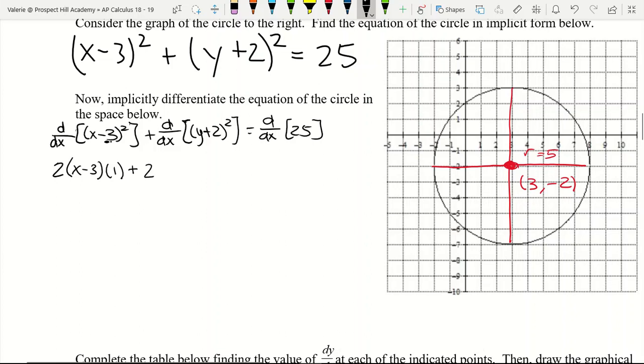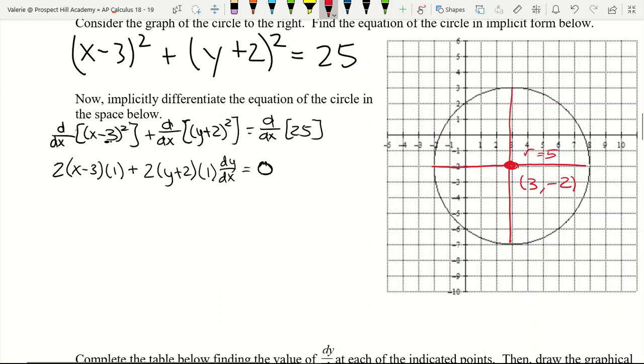So we have 2 times (y plus 2), and the derivative of our inside is just going to be 1. And since this is all y, we know we're going to have dy/dx. We differentiated y in terms of x, which really just means we differentiated y the same way we would have differentiated x if y was x. And then the derivative of 25, again, the derivative of a number is just 0.